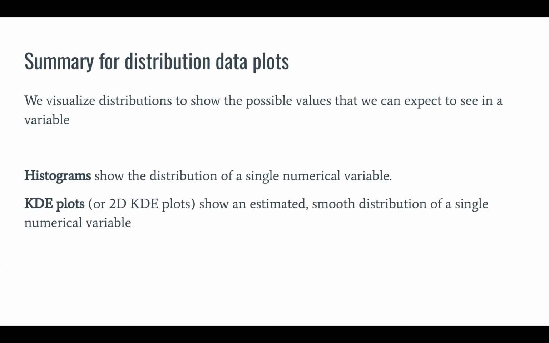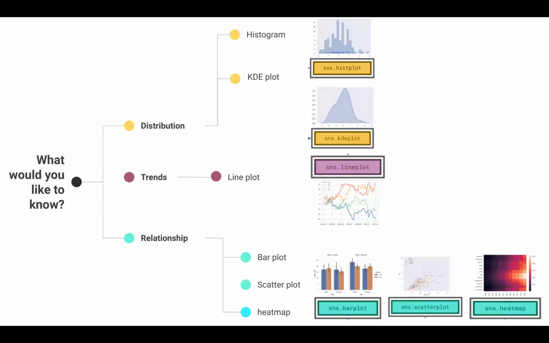And we also looked at 2D KDE plot. What this does is it simultaneously displays the 2D KDE plot with the corresponding KDE plots for each individual variable. That's everything for distribution. Thank you, everyone.